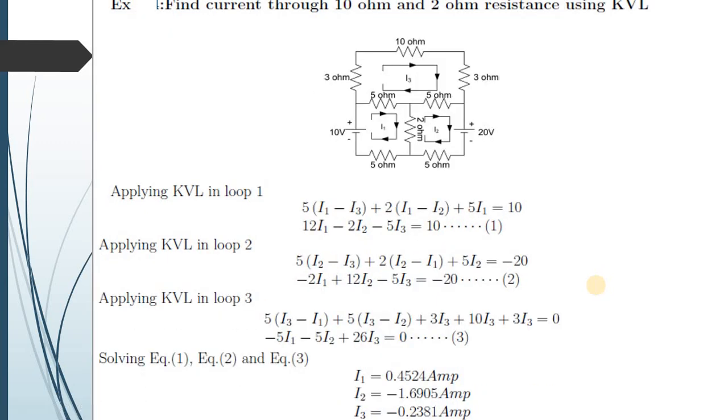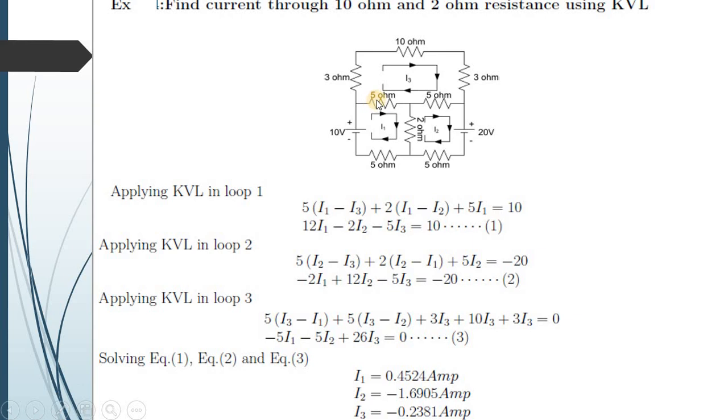Next is to find the current through the 10 ohm and 2 ohm resistance using KVL. This is the network which has 3 loops, loop 1, loop 2, loop 3, having the currents I1, I2, I3 respectively. In that, we have to apply KVL for each loop. First, applying KVL to loop 1, through that 5 ohm, the currents flowing are I1 and I3.